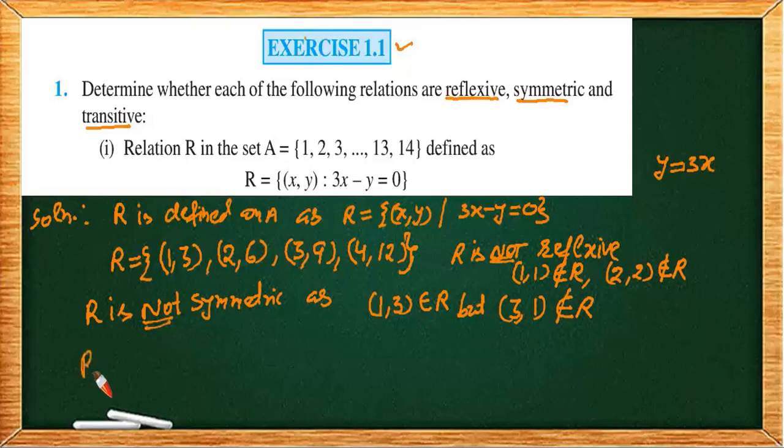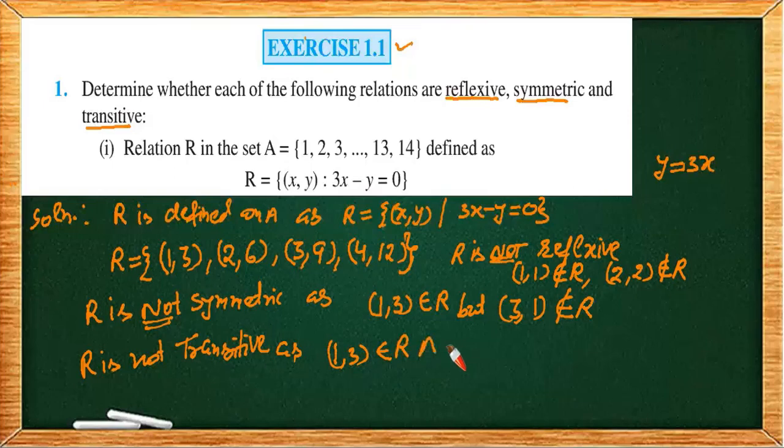Similarly, we can see R is not transitive, as the ordered pair (1, 3) belongs to R, and (3, 9) also belongs to R. So it means 1 is related to 3 and 3 is related to 9.